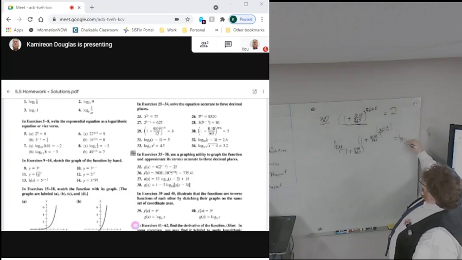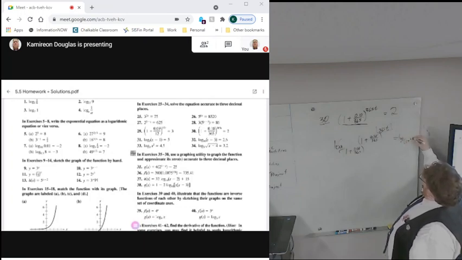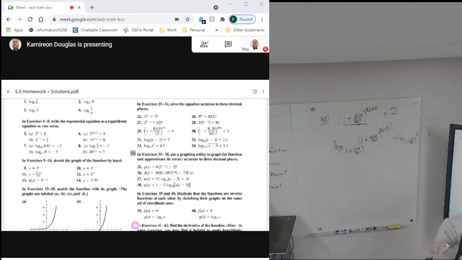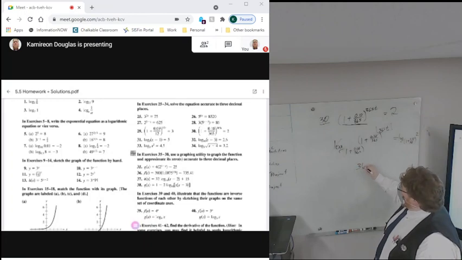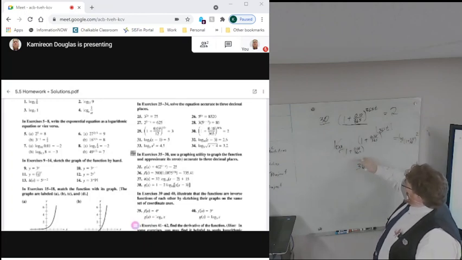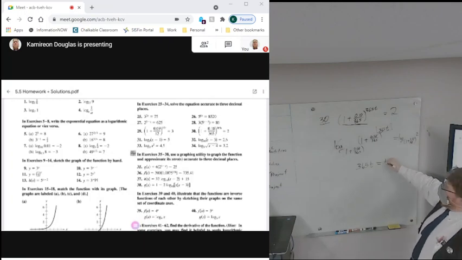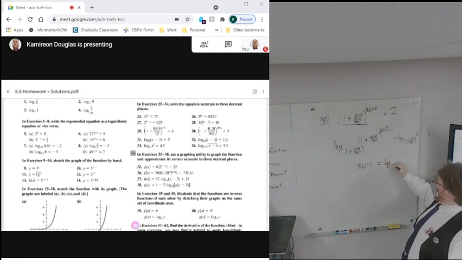So log of 1 plus 0.10 over 365, 2. So left-hand side, we're left with 365t. Because again, the base and the base cancel. On the right-hand side, we haven't done anything, so it just stays log of that nasty fraction.